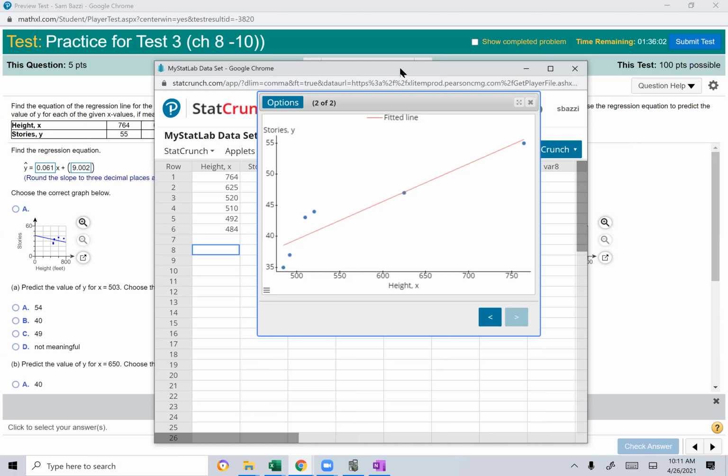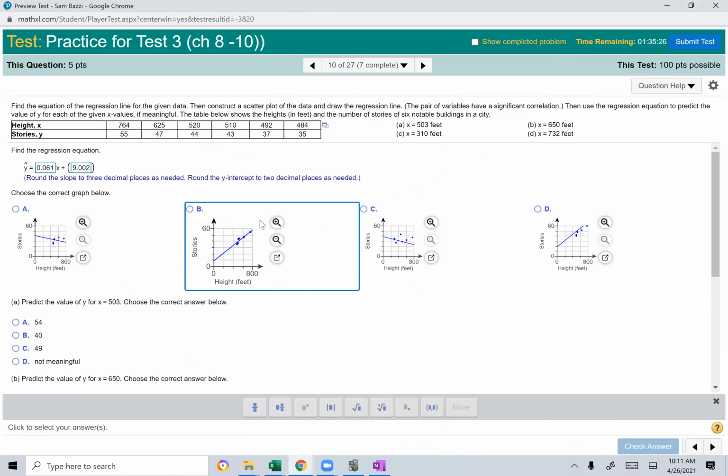So here it starts at 35. It looks like it's almost 37. So which one, guys, do you think it is going to be, B or D? You can fire it up. That looks like a 10 here.